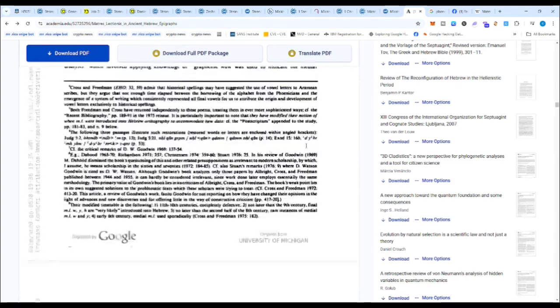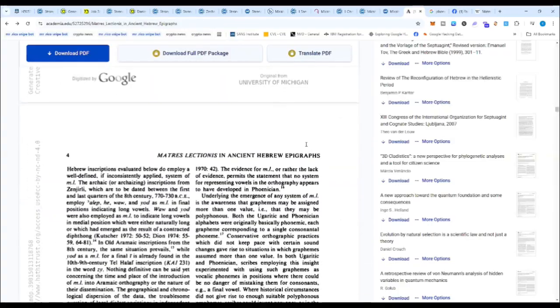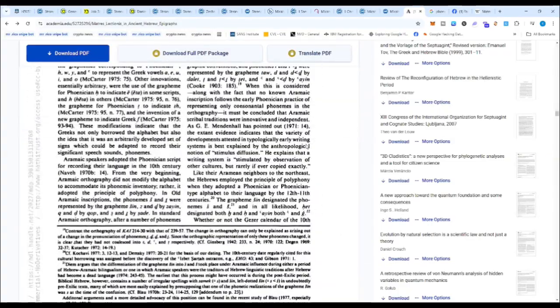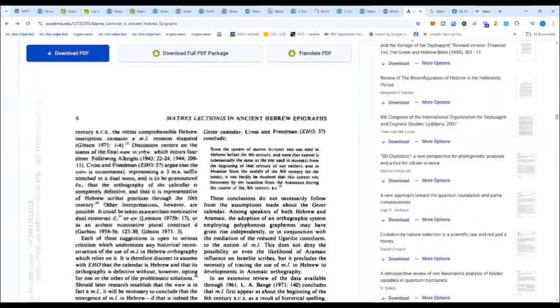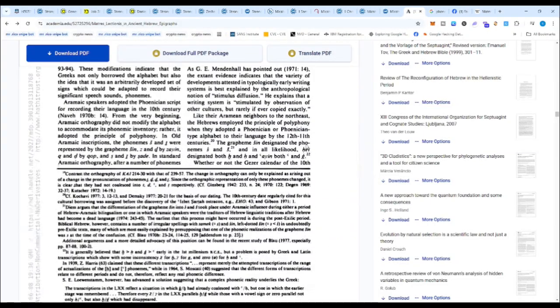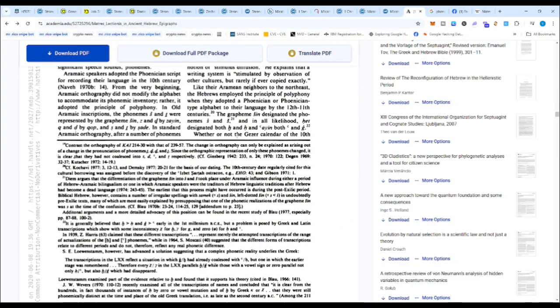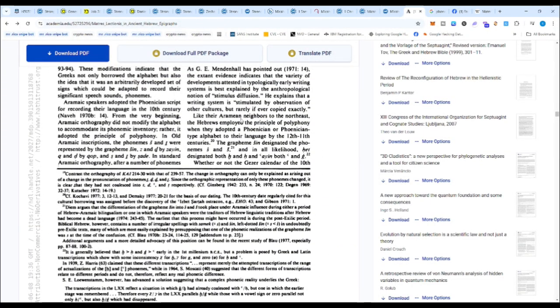All right, now get down here to page 6, right here. Okay. Now, they're talking about the Phoenician. It says, like their Aramaean neighbors to the northeast, the Hebrews employed the principle of polyphony, when they adapted a Phoenician and Phoenician-type alphabet to their language by the 12th and 11th centuries BCE, right?